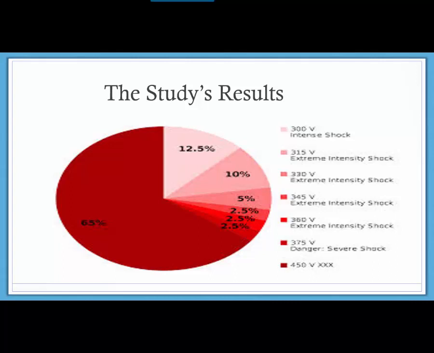And so the results of that first iteration of the experiment, which he later repeated several times, and the results varied depending on how certain factors were tweaked, but it was that about 65% of people administered the full shock. And it's worth noting that everyone, 100%, administered up to what they call an intense shock, 300 volts. It was only once they hit that point that even some people started to stop.